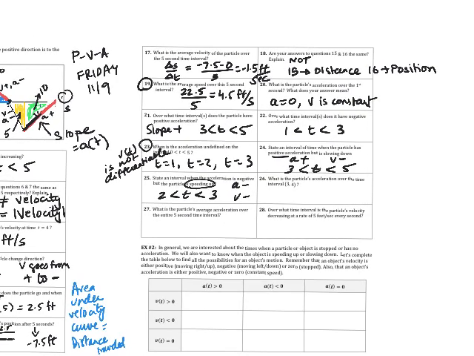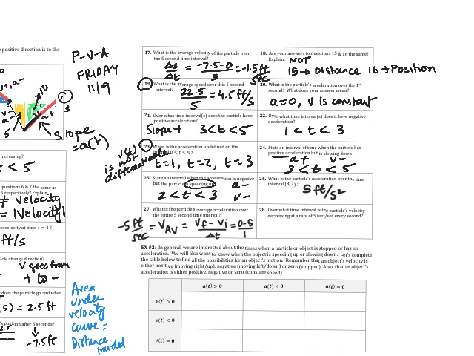Number 27, average acceleration over the entire 5-second time interval. V average is going to be your final velocity minus your initial velocity over the change in time. Final velocity is 0, initial velocity 5, change in time is 1. So V average is going to be minus 5 feet per second.